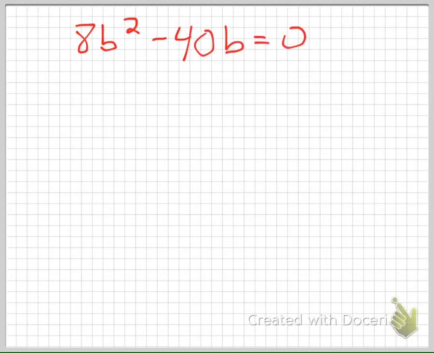Try this one then. I like it. This is where things get a little bit fun, and they start making you do things that, okay, here we go. What about this? 8b squared minus 40b equals 0. Come on now. I'm not going to say anything.